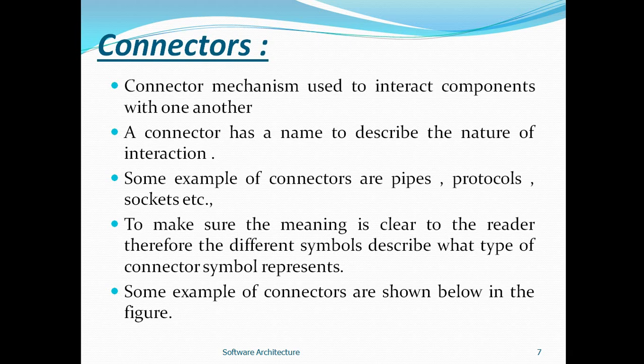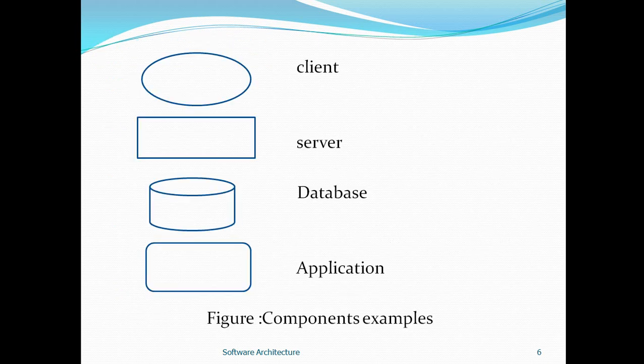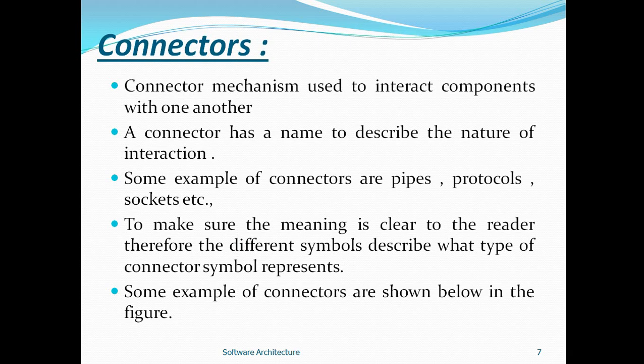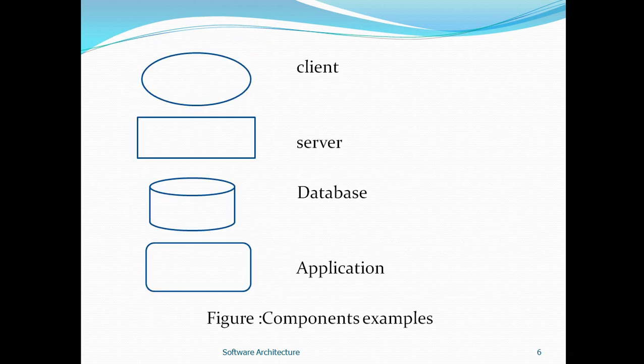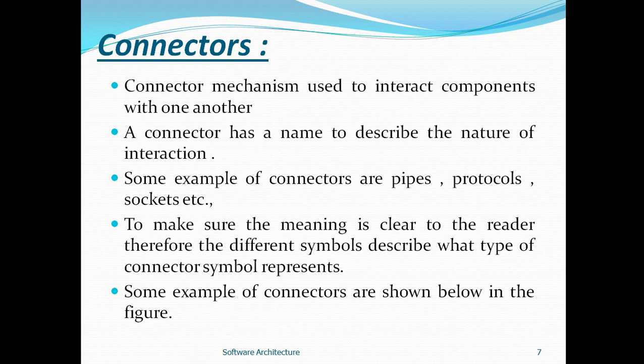Right? We come to the next point, connectors. A connector is a mechanism that helps the components interact with each other. Earlier we discussed that the components are client, server, database or applications, etc. But what is the connector? These connectors help to provide the connections between the components. These components can interact with each other by the connector.